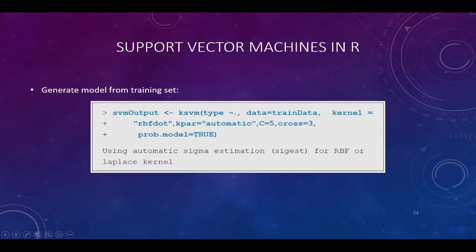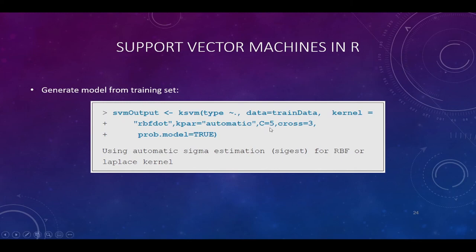That is going to refer to a variety of parameters that can be used to control the operation of the kernel, and the kernel here is an RBF kernel. Next, we have an argument that says C equals 5. The C argument is the so-called cost of constraints. A small value for C is going to give a large margin of separation, but you have the possibility of having many more mistakes.